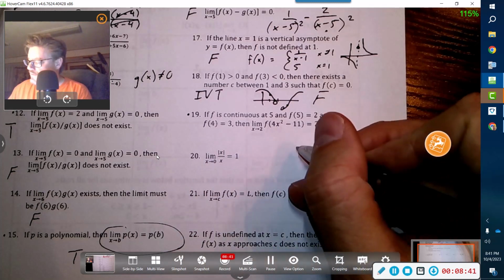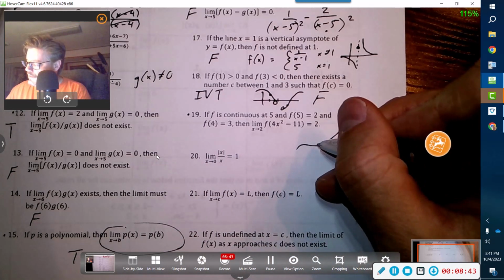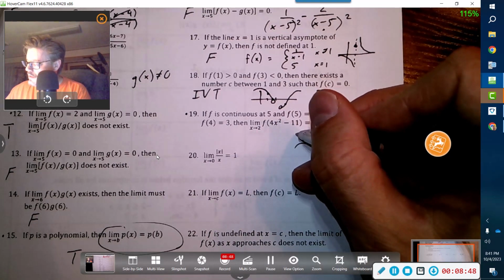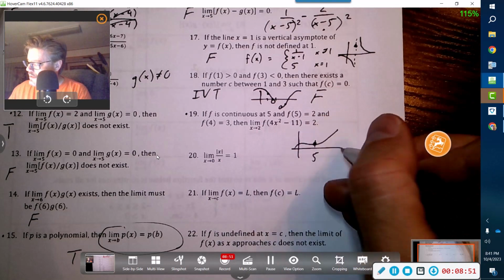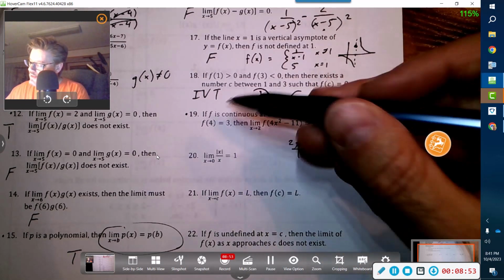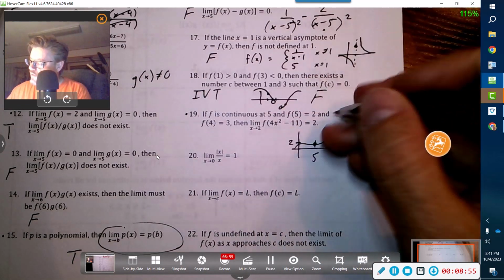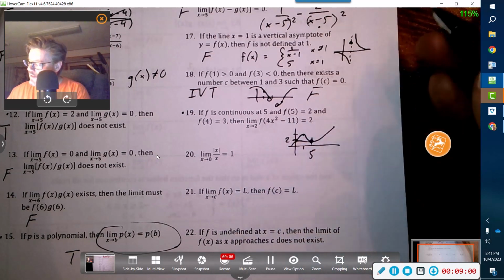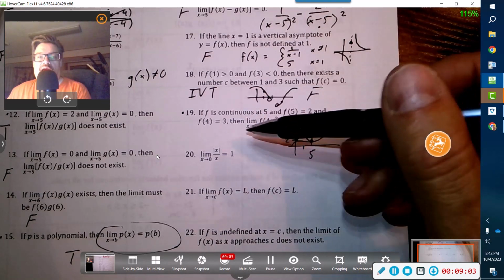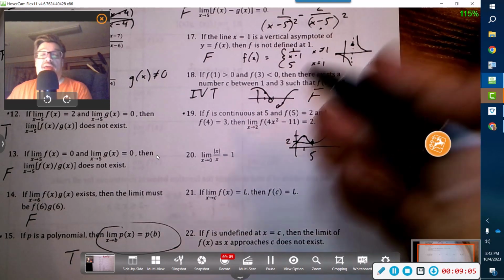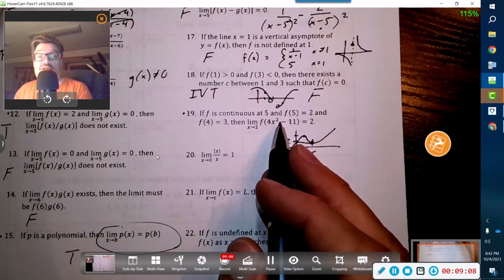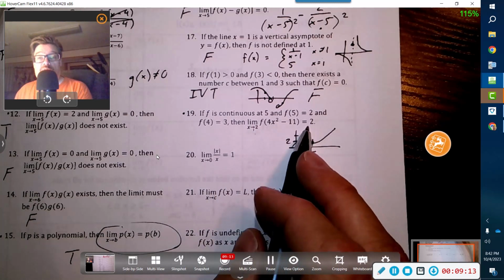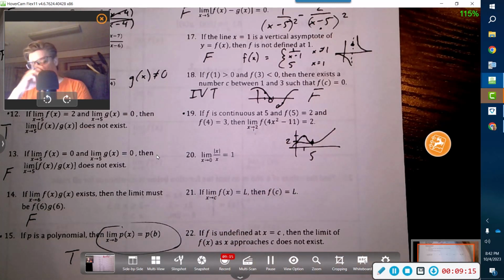Oh, okay. If the limit at x equals 5 is 2, and f of 4 is 3, so let's say it passes through here, then the limit, oh yeah, okay, because this is a continuous function inside a continuous function at that moment where it is continuous, so it would have to equal 2. Okay. Right?